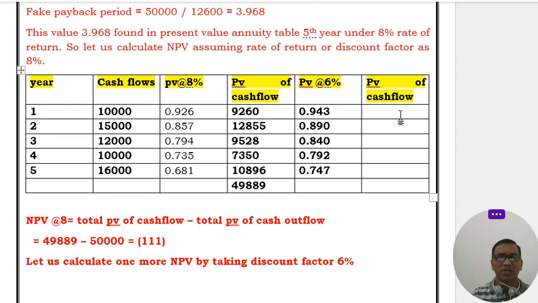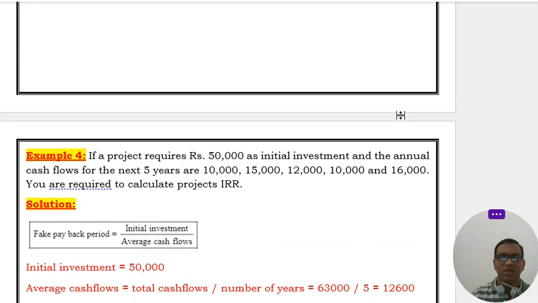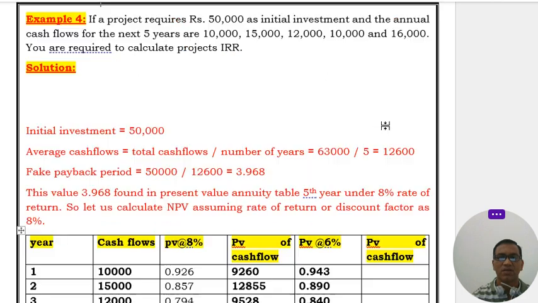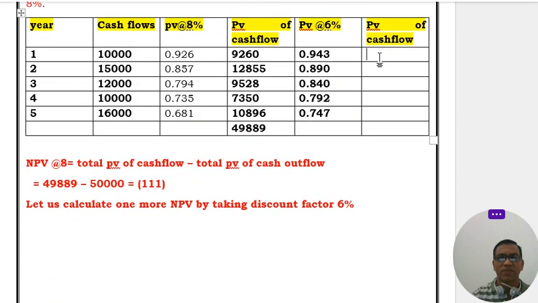10,000 multiplied by 0.943 is 9,430. Second year cash flow 15,000 at 6%, multiplied by 0.890, that is 13,350.